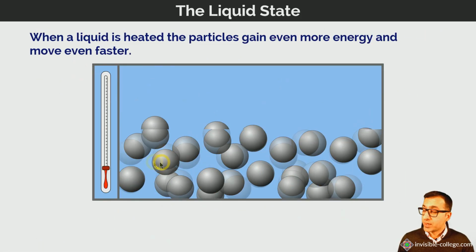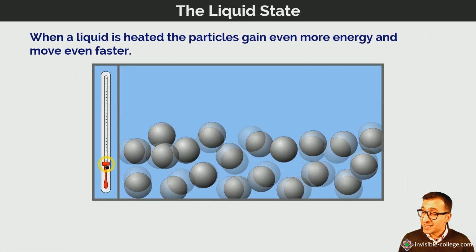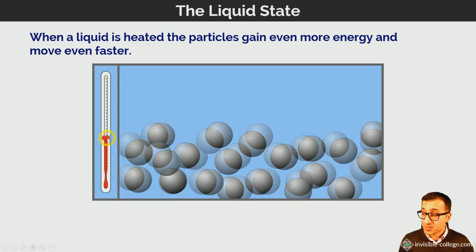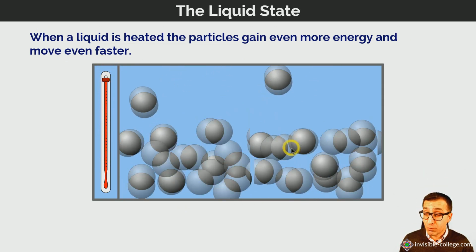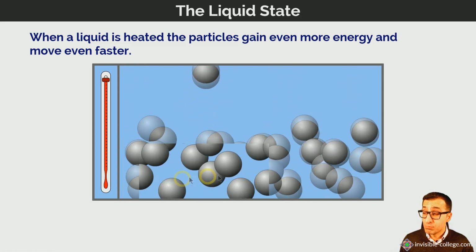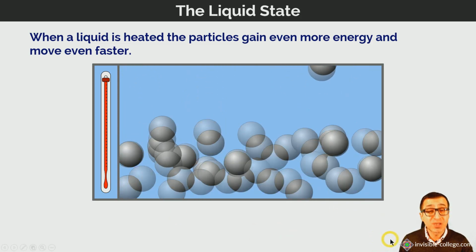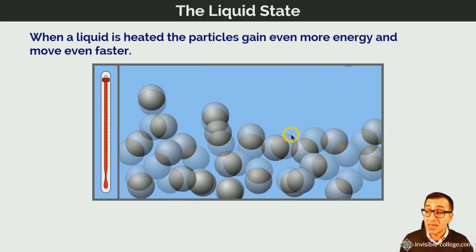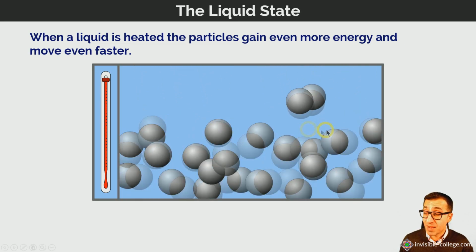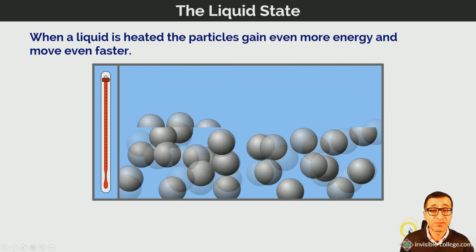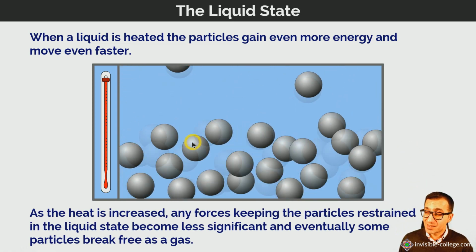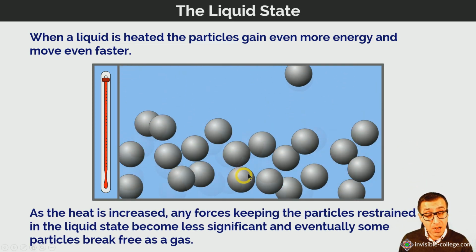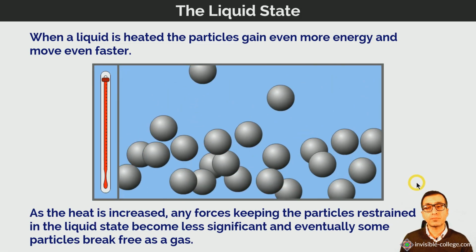So when we heat a liquid, then we again are raising the average kinetic energies of the particles of the liquid, and so therefore we will increase the rate of evaporation because more of those particles will have sufficient kinetic energy to break free of the forces of attraction between them at the surface and enter the gas phase. So this is again a very simplistic model of the particles of a liquid.